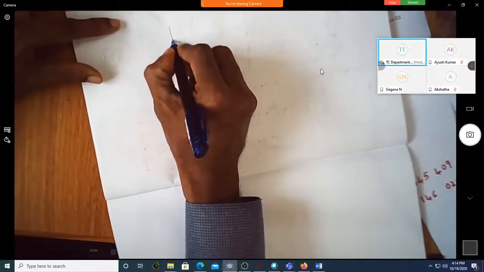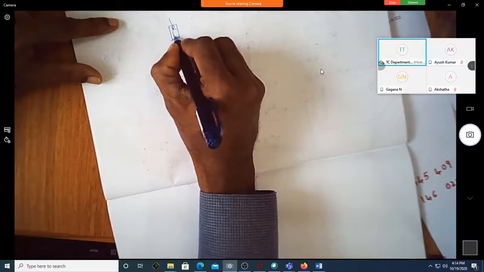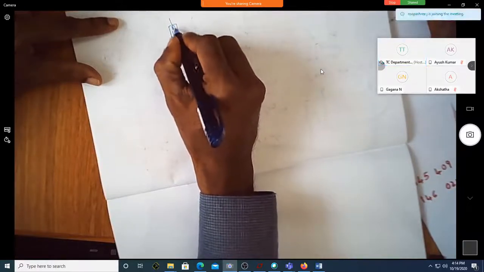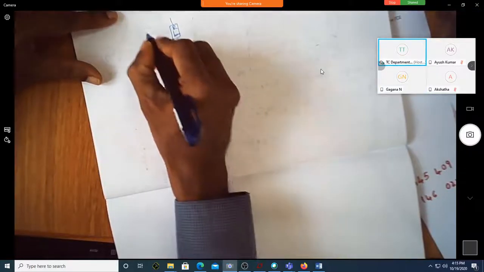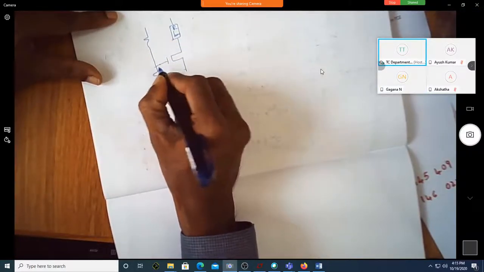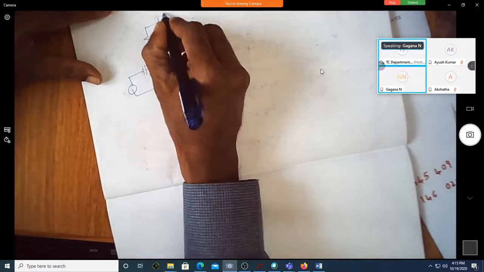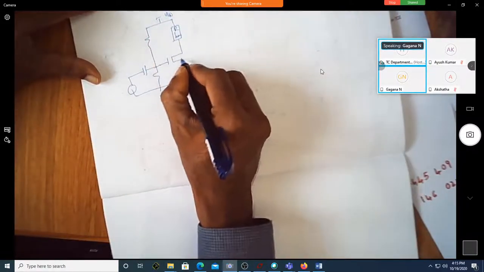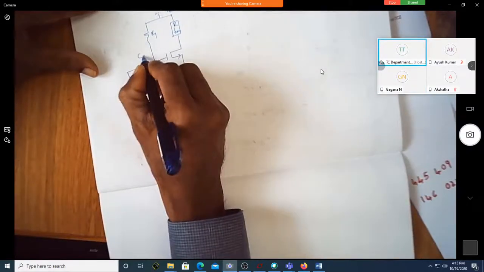Now I have to have some load. So this is, I'll call it R load. This is VDD. Now this is R1, R2, CC also.